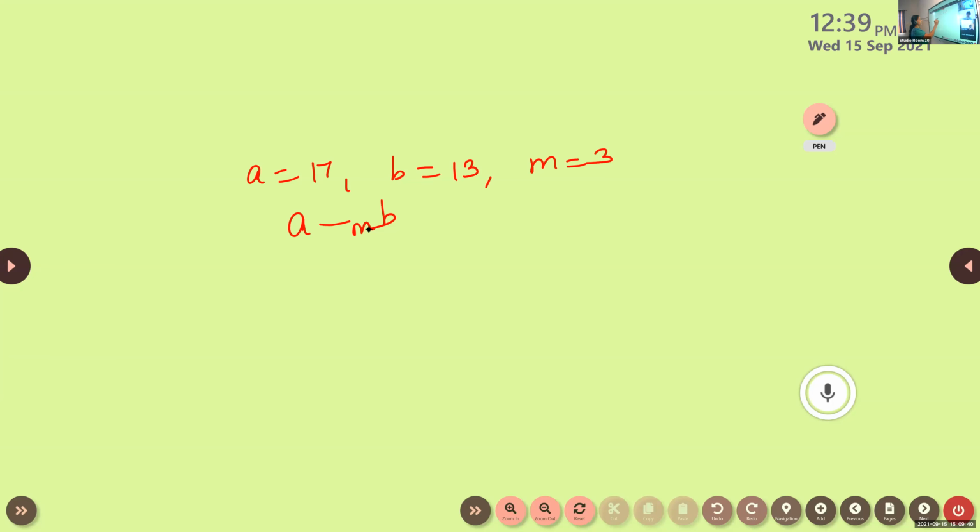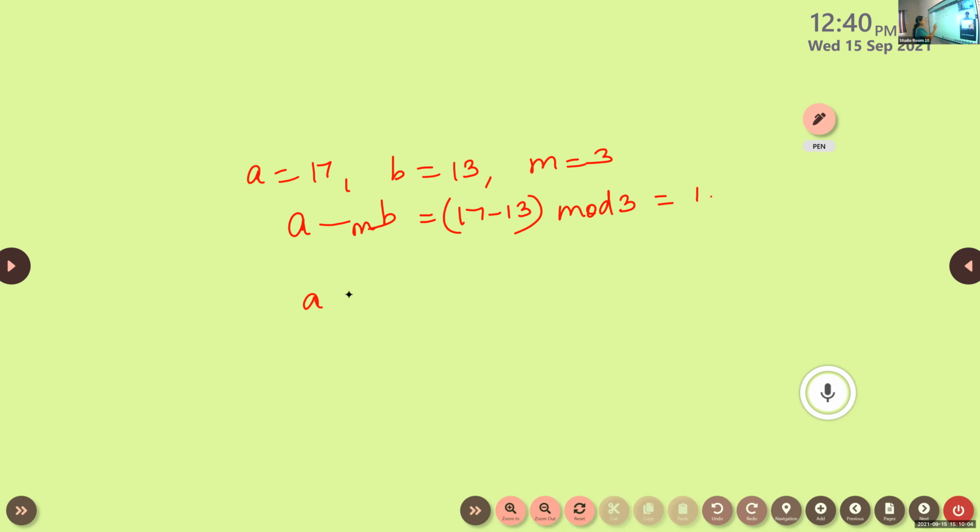That means what you have to do? You find out A minus B: 17 minus 13 mod 3. What will be the answer? What is the answer? 1. It is 1.